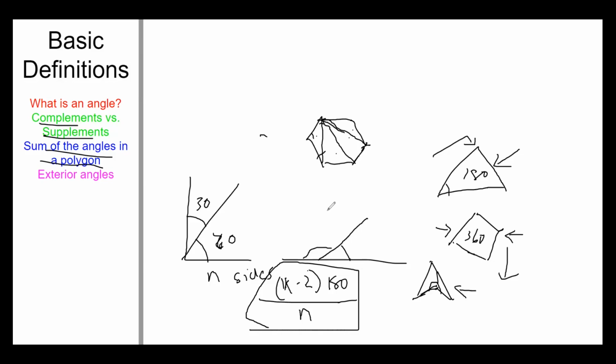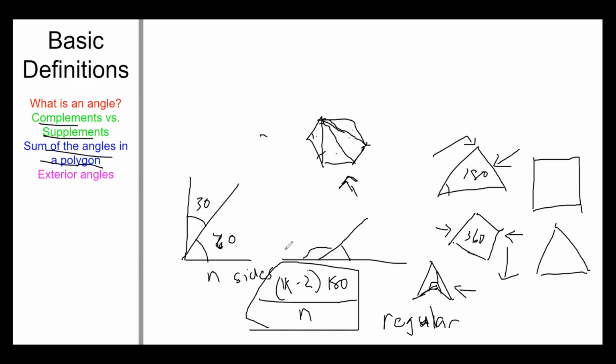And by regular, I mean a polygon where every side and every angle is the same. So a square is a regular quadrilateral. An equilateral triangle is a regular triangle. And a regular hexagon would be similar to what I drew here.